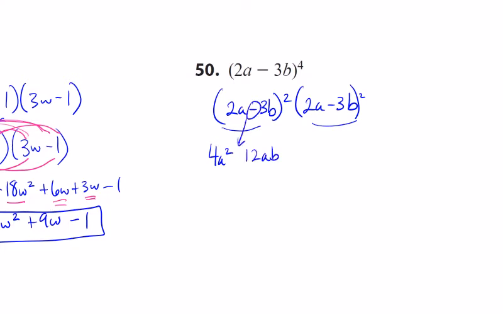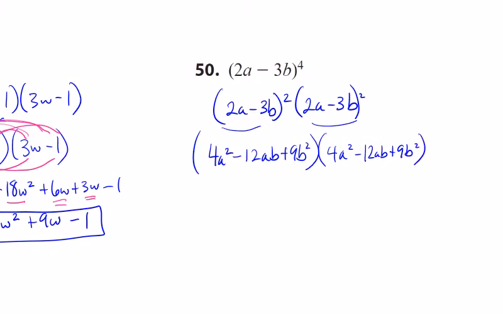Bring that down, right? So it's going to be a negative there. And then 3b squared is going to be 9b squared. Okay? So then the same thing's going to happen with this, right? Because it's exactly the same. So it's going to be 4a squared minus 12ab plus 9b squared.